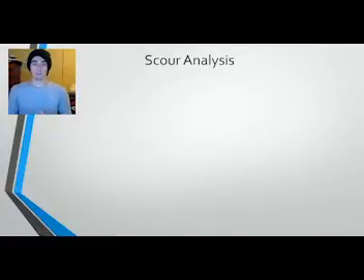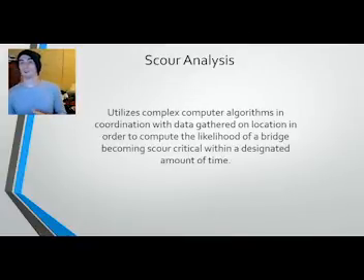The first is that if there is a bridge in constant heavy flow or in a waterway shaped in such a way to encourage scouring, the United States Geological Service will perform a scour analysis on the structure to determine the likely effects the waterway will have on the structure over a set period of time.